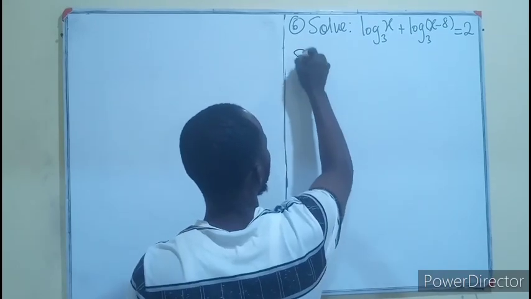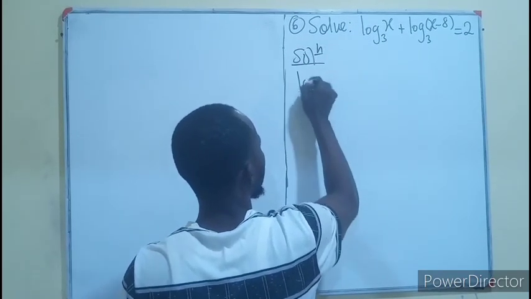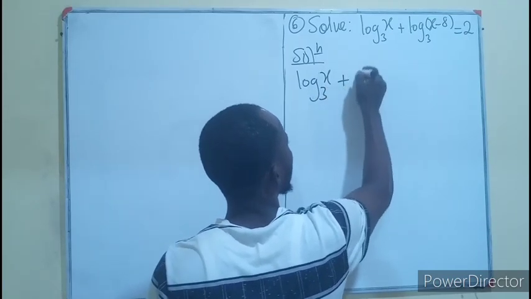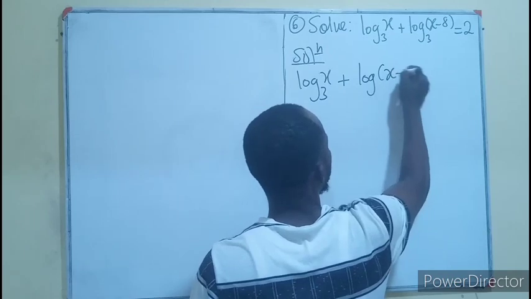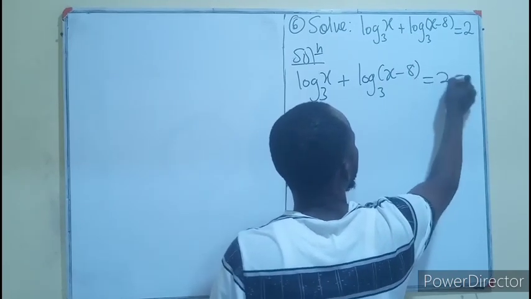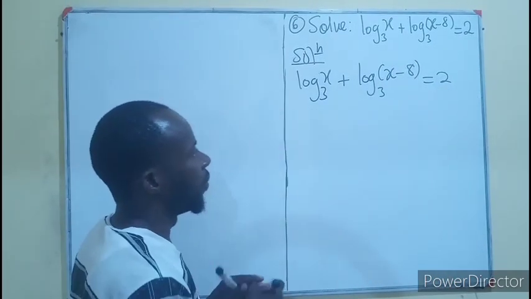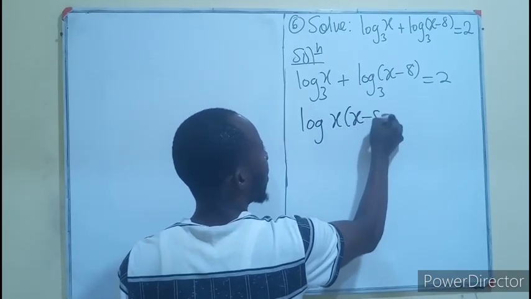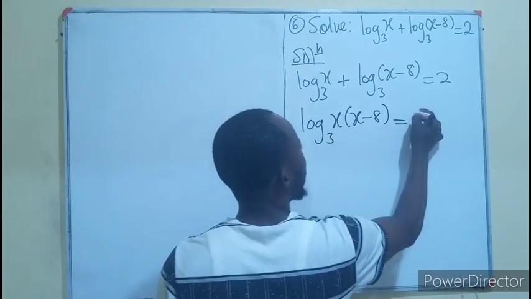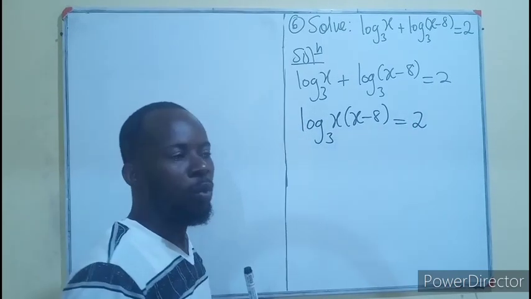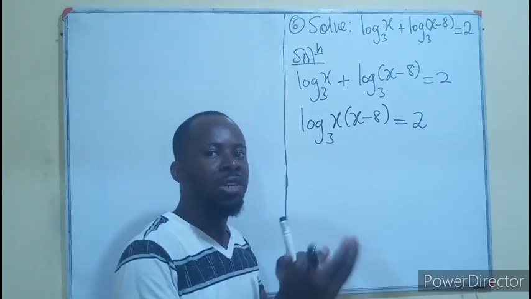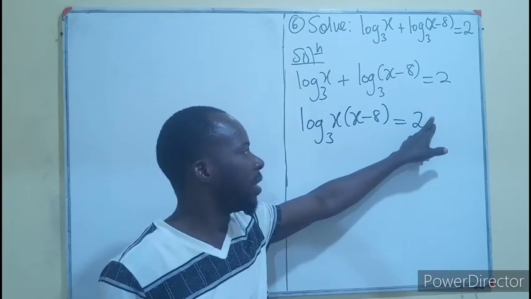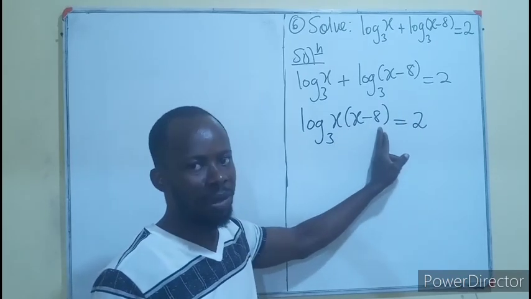So this can be rewritten as the log of x multiplying x minus 8 to the base 3 equals 2. We can convert a logarithm to indices by taking the base to the power of the constant term, equals the argument.